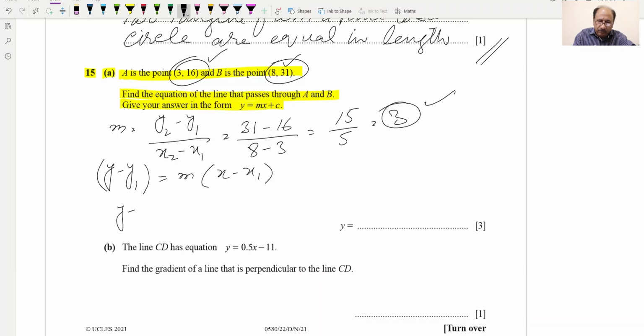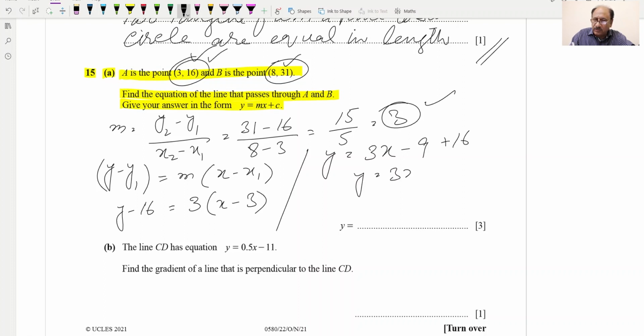So this will be y minus 16, using the first point, is equal to, m value is 3, into x minus 3, and now we can open this bracket and shift 16 to the other side. So y will be equal to 3x minus 9 plus 16, so y will be equal to 3x plus 7. This will be our final answer, y is equal to 3x plus 7, and it is a 3-mark question which we have done.